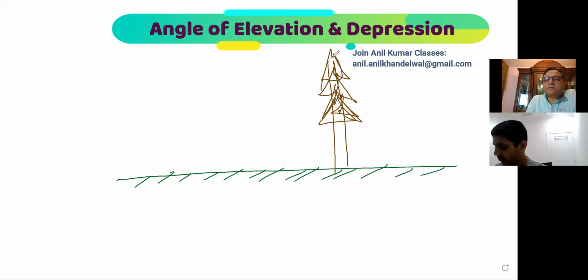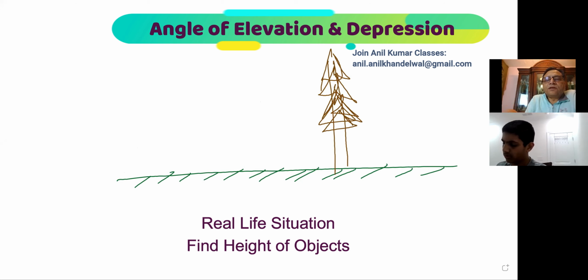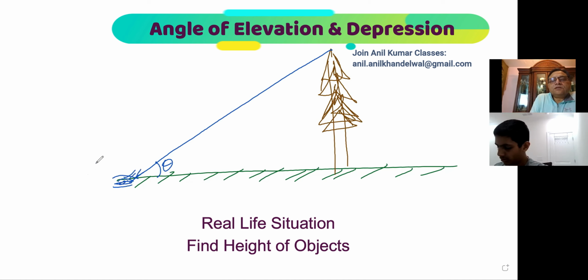Let's say we have a tree here. So if you're looking from some distance, let us say from here, then this angle is called the angle of elevation. So that is your angle of elevation.